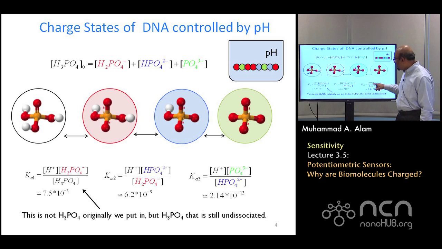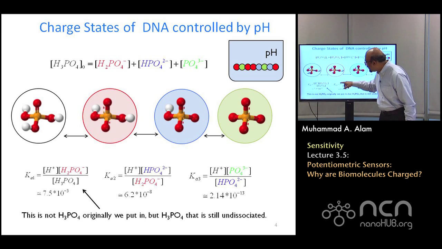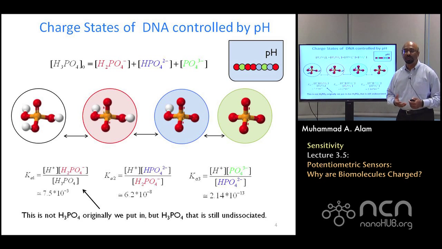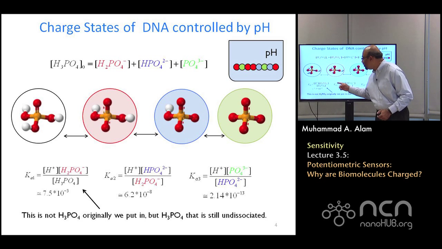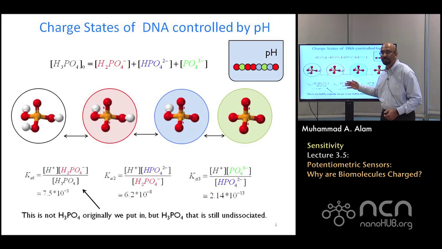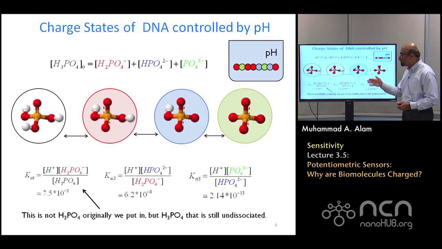One thing you immediately see is that in each case, there is this concentration of hydrogen. Whatever number of hydrogen you have in the environment, defined by the pH, that will go in here. And as soon as you know that value, the rest of those things become obvious, because then you can calculate all the other values in a cascaded product. Let me explain how that works.